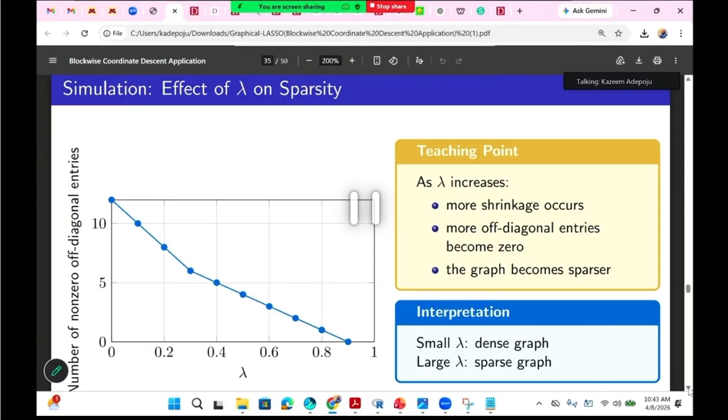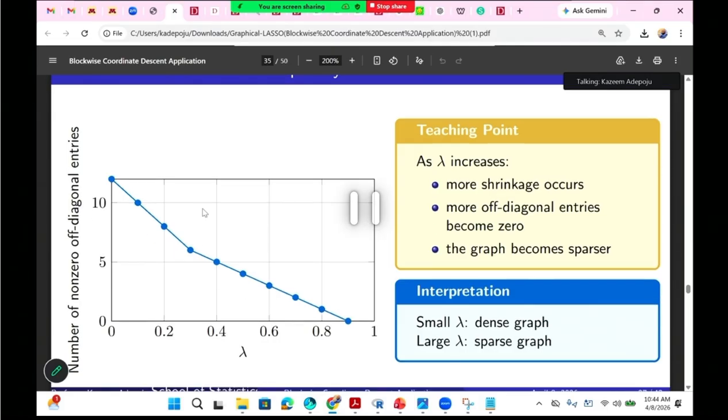And of course, when you have a small value of lambda, you're going to retain a good number of relationships. So small lambda gives us a dense graph, while large lambda gives us a sparse graph.